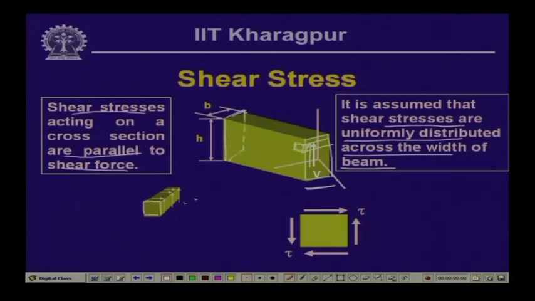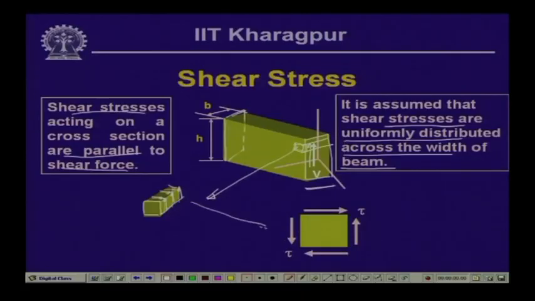Along the width the shear stress is uniform as we have assumed, and so in the horizontal direction we will have the complementary shear. As we have noticed earlier, if we have a vertical shear, then we have a horizontal shear as well, which we call a complementary shear.